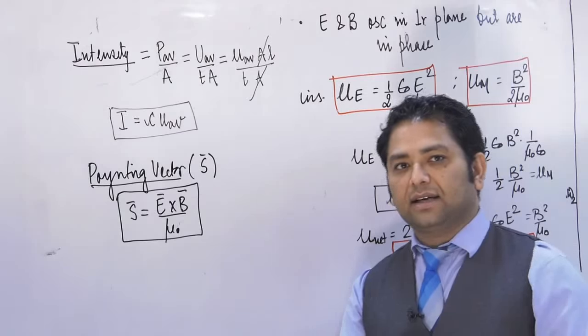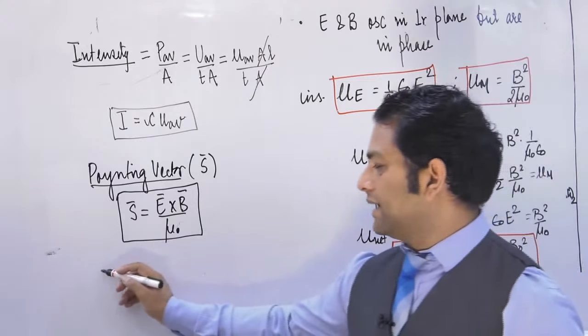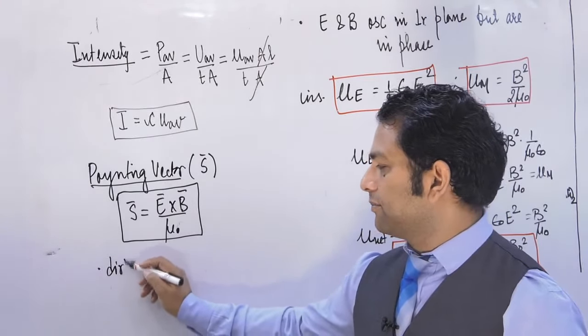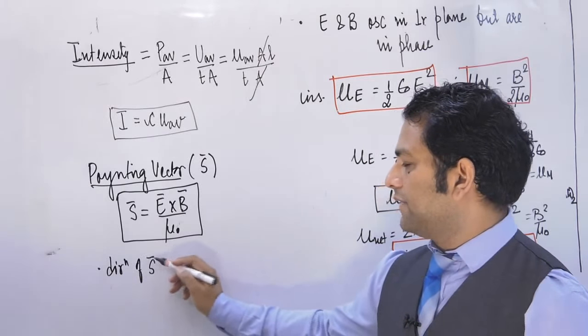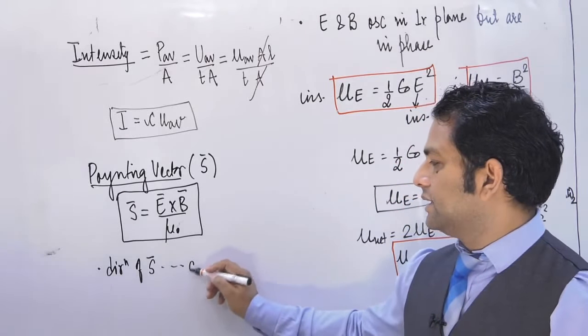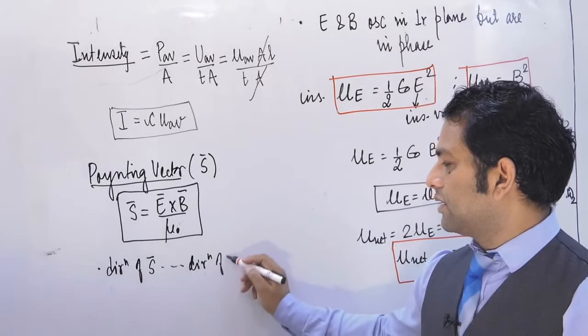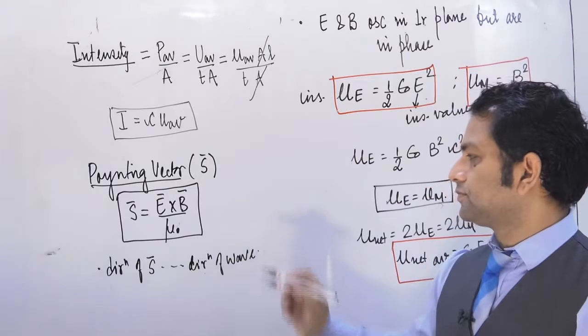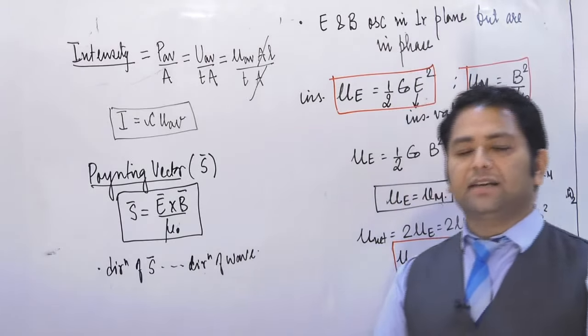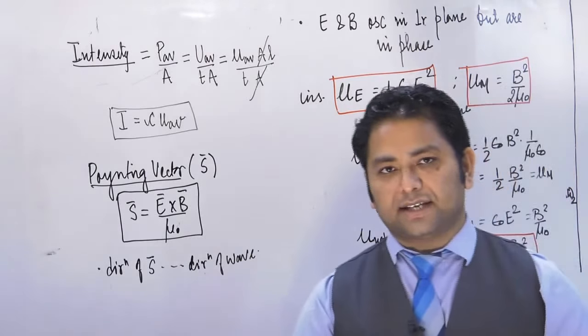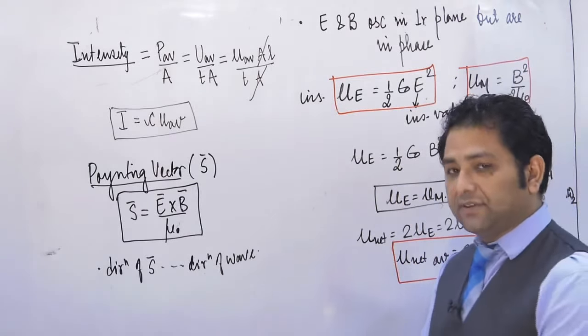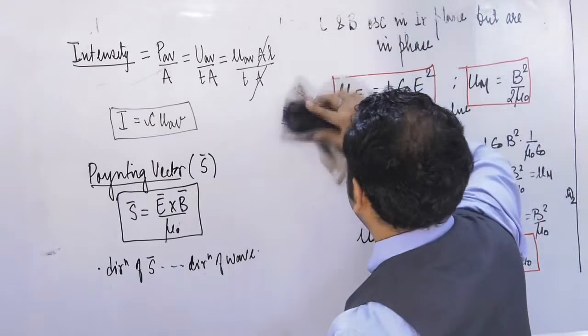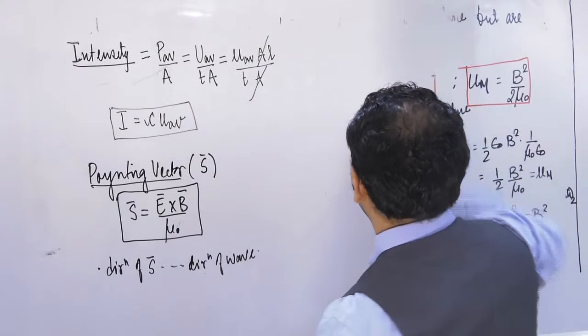Let's see. The first thing you could see is that the direction of the Poynting vector gives the direction of the wave. Recall the lesson that the E cross B direction is the direction of the wave. So that's the first information. But there is a second piece of information, which is very lovely.